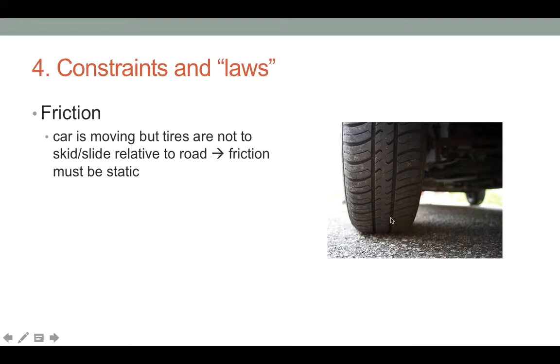As the car moves forward along the direction the tires are aimed, I don't want them sliding, if you will, either in or out towards the center of the circle. I don't want them sliding horizontally this way. And the reason they won't is if static friction is strong enough to make the car turn without making the tires skid. So therefore, what I really want is static friction. I don't want kinetic friction.